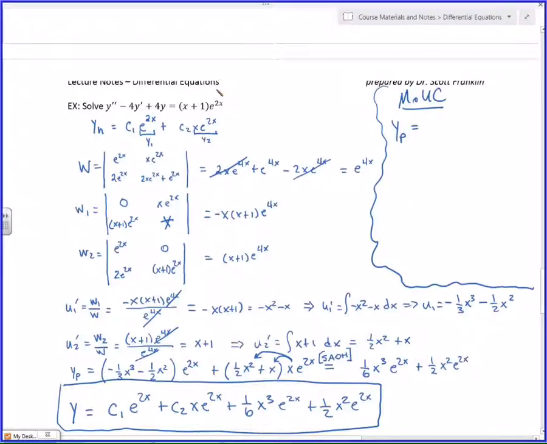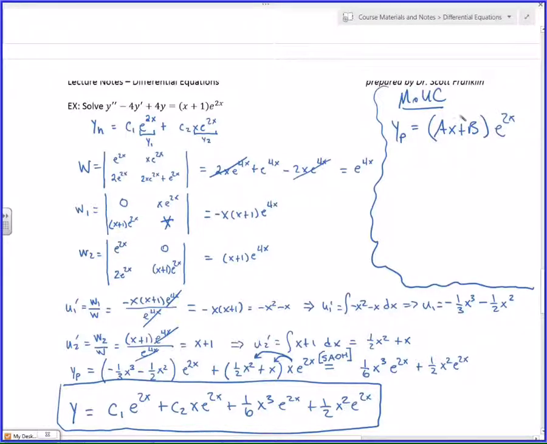If you were to do the method of undetermined coefficients, your first guess would be, since it's a linear times e to the 2x, ax plus b times e to the 2x. But there's a problem with this guess. Do you remember why that's a problem?